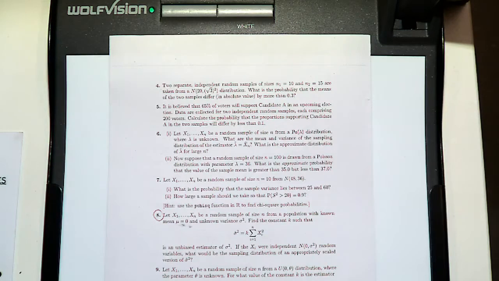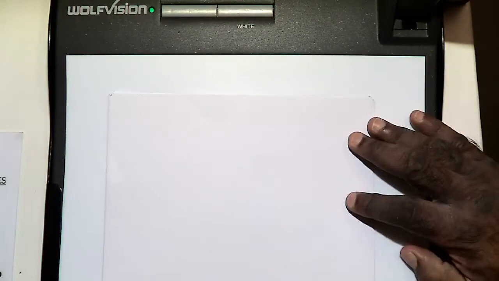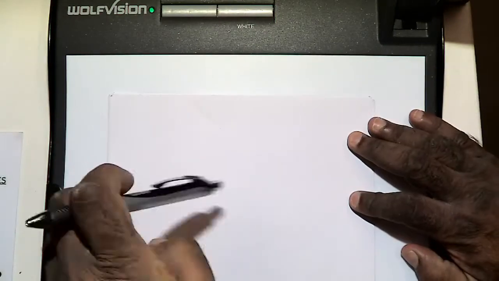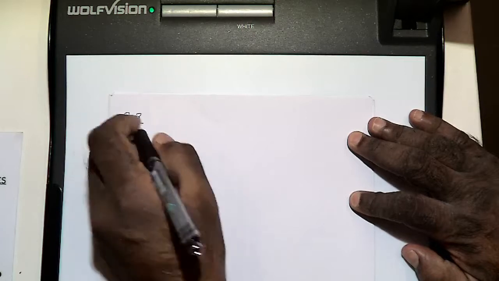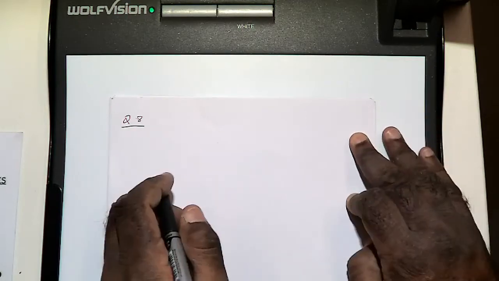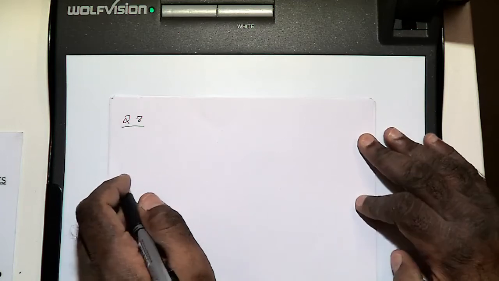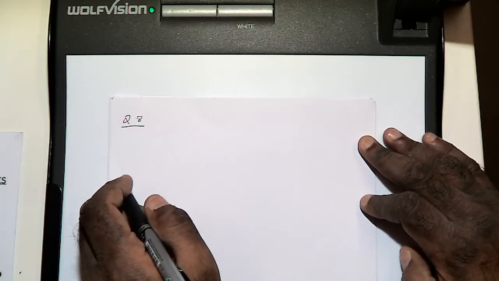Alright guys, so let me show you how, if you haven't done it. I know some of you have already done it. So let me show you how to do it. This is question number 8 on the tutorial sheet. So it's basically, you have a random sample from a population with 0 mean and variance sigma squared.